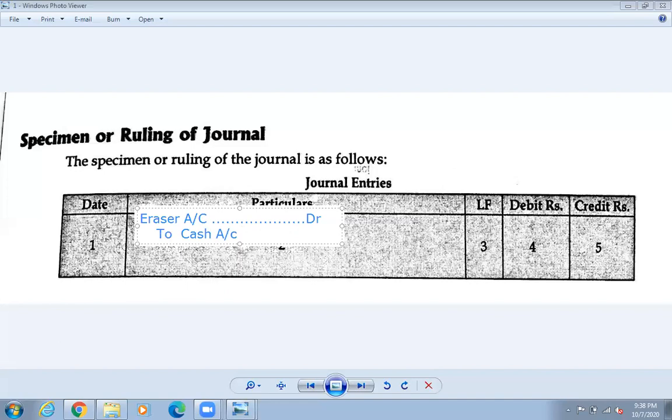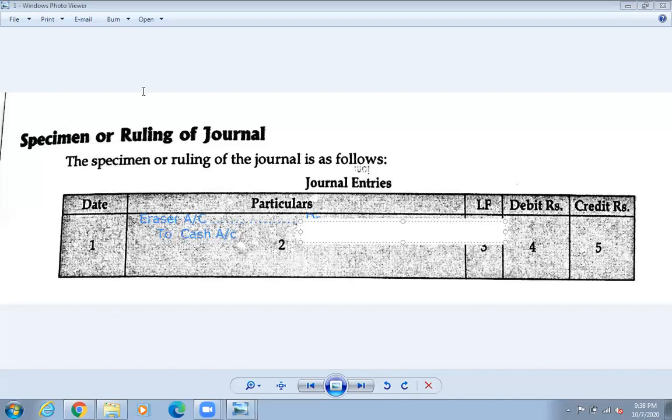To cash account. So how much does the eraser cost? What is the cost of the eraser? Wait a minute, it has become so dark.